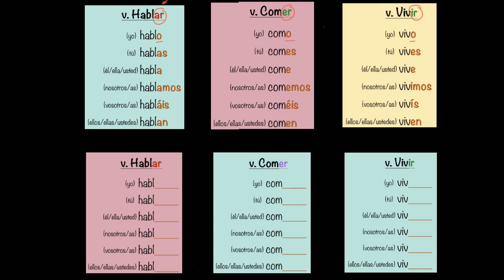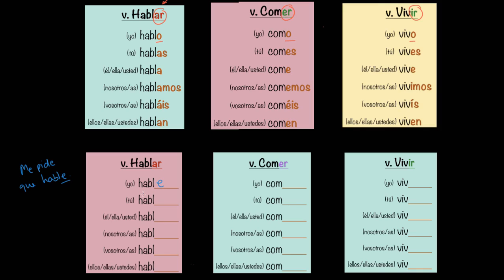For the I form, notice that in the present indicative, the general trend is to have an A, because it's an AR verb. Now for the I form in the present subjunctive, I would use it in sentences like me pide que hable, so he or she asks me to speak. So it's que yo hable.